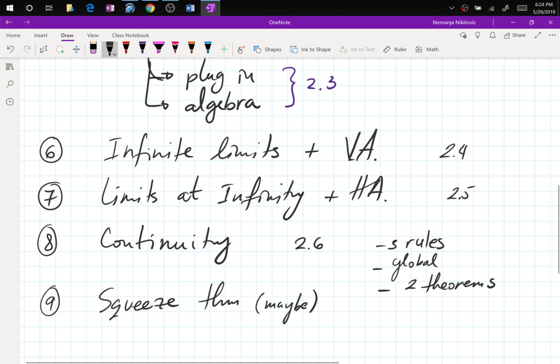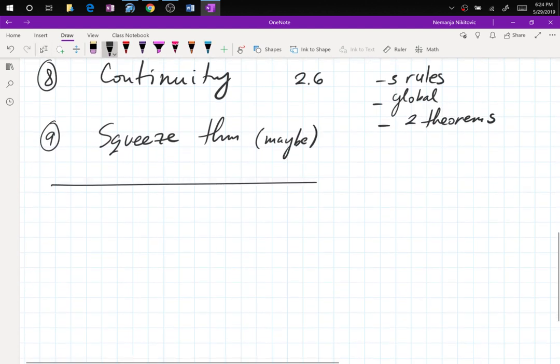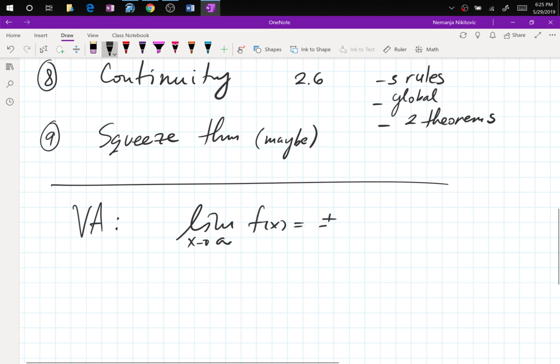You have 2 formulas for vertical and horizontal asymptote in terms of a limit. It's a formula, right? Stating that the vertical asymptote is given by the limit as x goes to some value a of f of x equals positive or negative infinity.